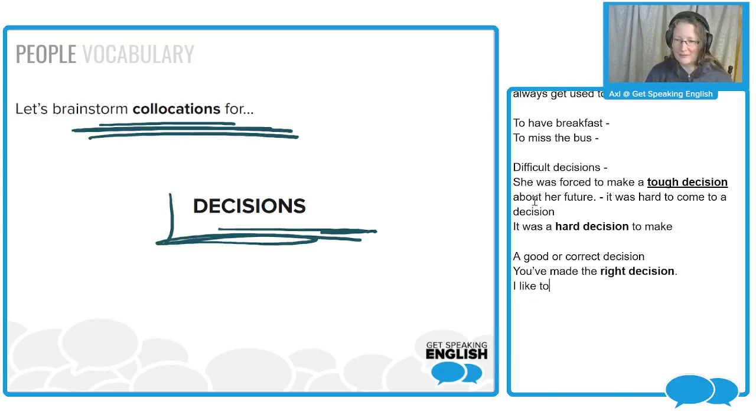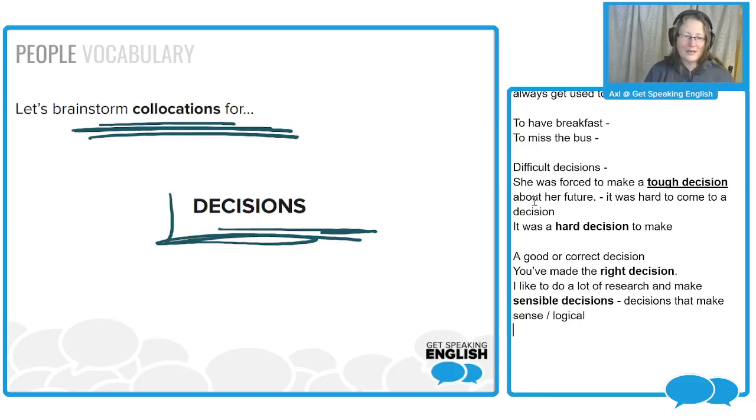So I like to do a lot of research and make sensible decisions. So decisions that make sense, they're logical, right? Potentially also a rational decision. So a rational decision, also one that makes sense.